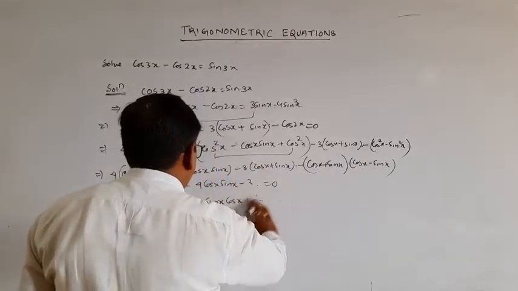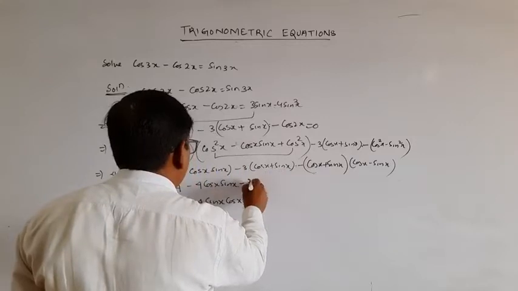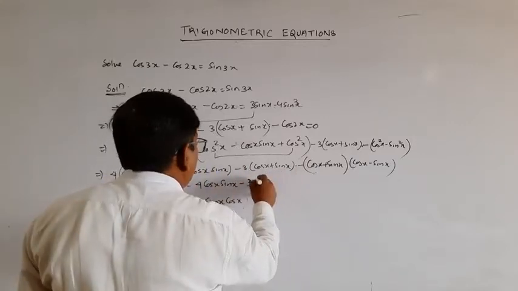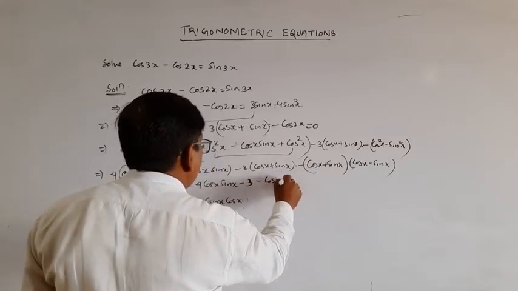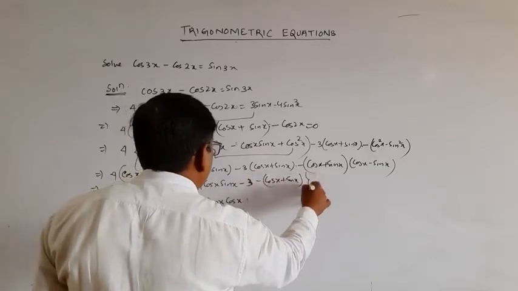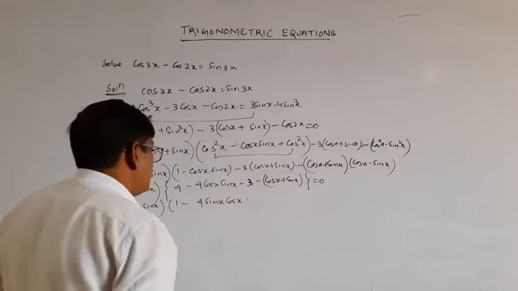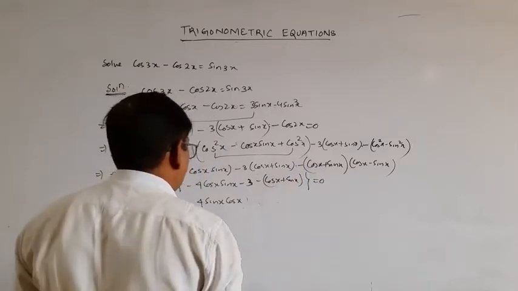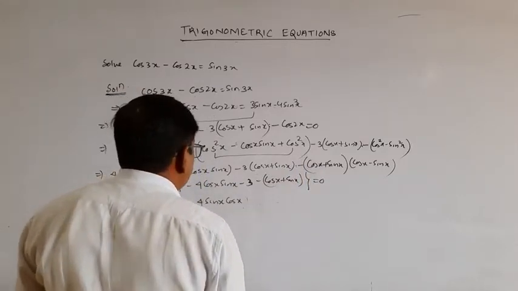So one term is left here, that is minus 3, and this is minus of cos x plus sin x. Clear? Is equal to 0. So 4 minus 1, that is here minus of cos x plus sin x.